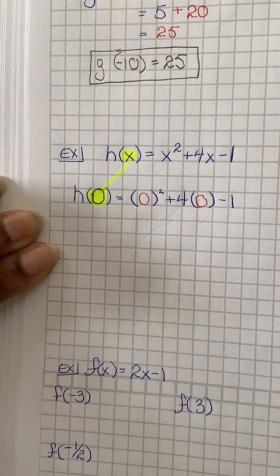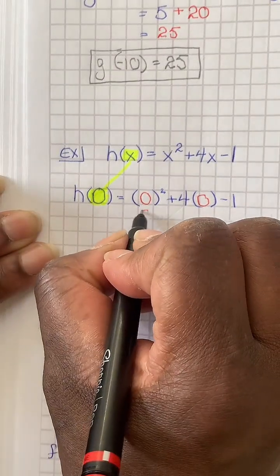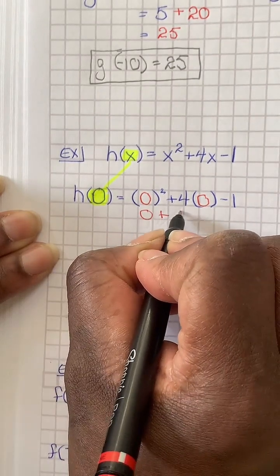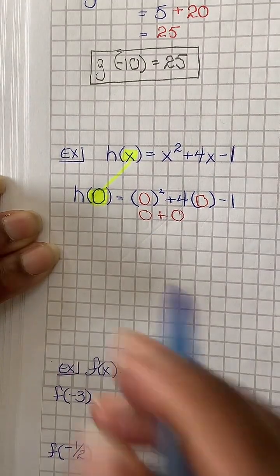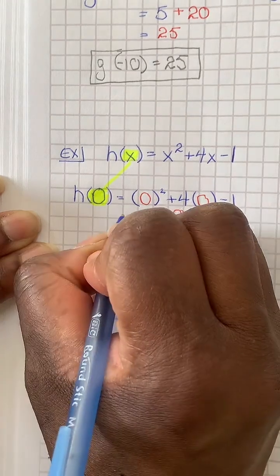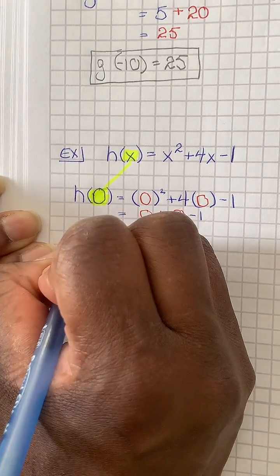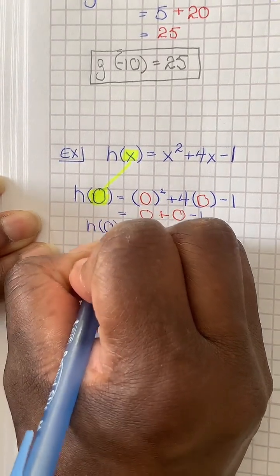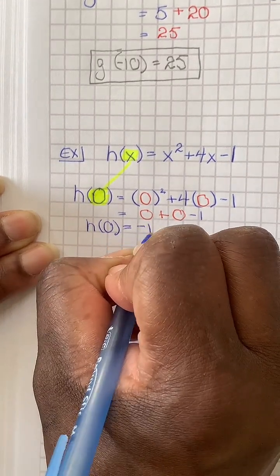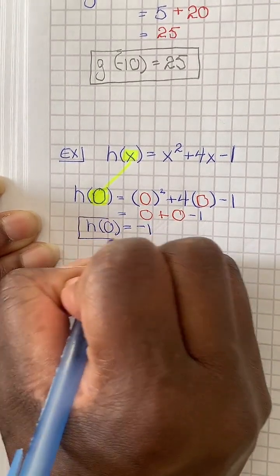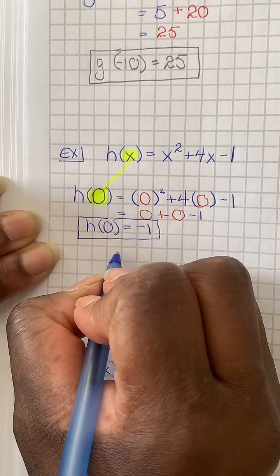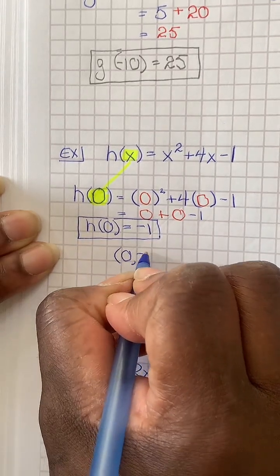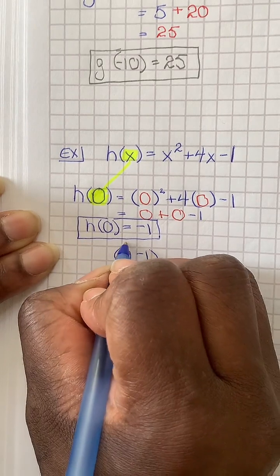So here, you're going to have 0 plus 0 minus 1. So that means the H of 0 is equal to -1. And if you did it as an ordered pair, (0, -1), that works as well.